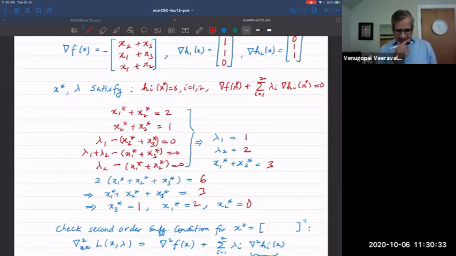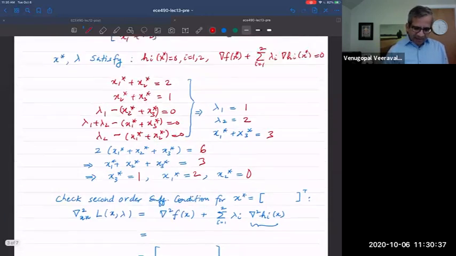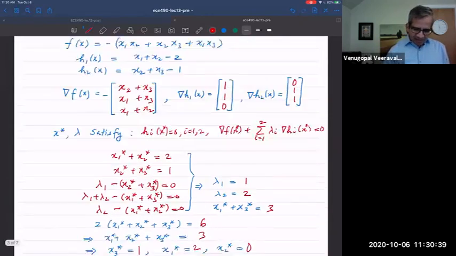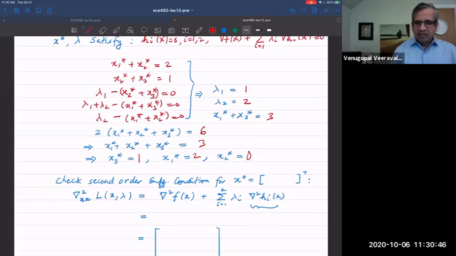To check whether this is a minimum or not, we can kind of guess that it might be, but let's check to make sure. So we need to check the second order sufficiency condition for this x star, which is 2, 0, 1. Any questions so far?